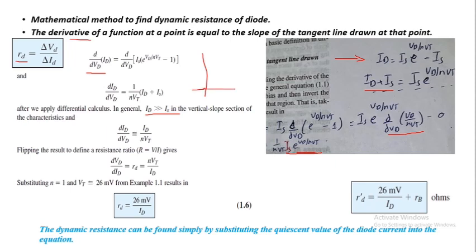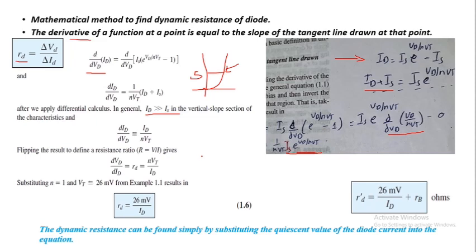That is, in the vertical slope section of the characteristic curve, we have id much greater than is, because id is in a few milliampere, let's say 5 or 10 milliampere, and is is in micro or nano ampere range. So ignoring the value of is will give us did over dvd approximately equal to id over nvt.